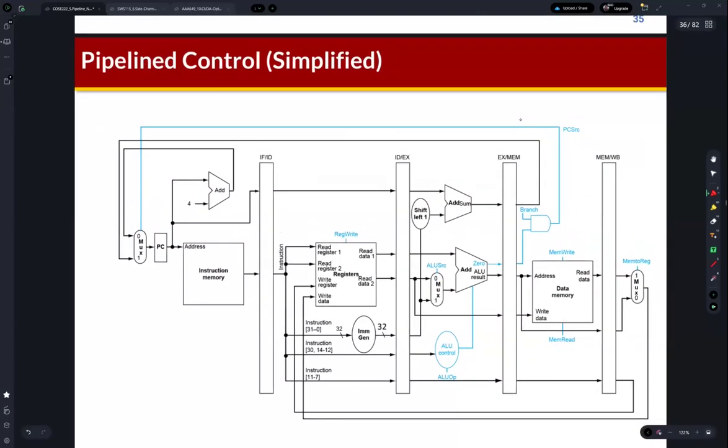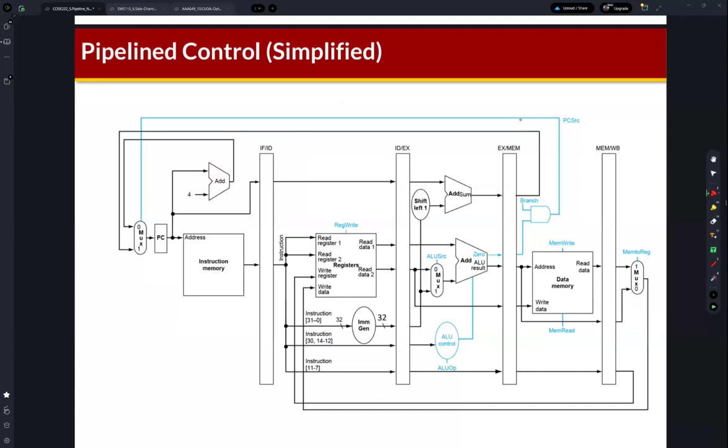Okay, so the datapath is okay. I explained about the datapath design in the pipeline architecture. Then how about the control signals? In the single cycle processor design, we also implemented the control signals. Firstly, we implement the control unit, then the control unit generates the control signals based on the instructions, right?